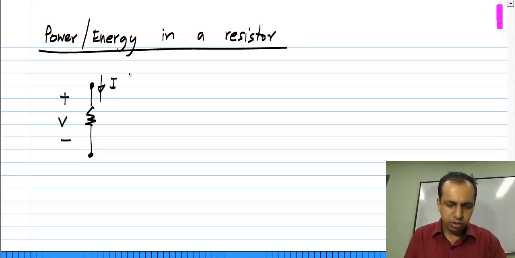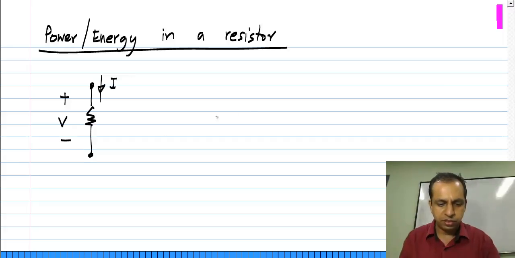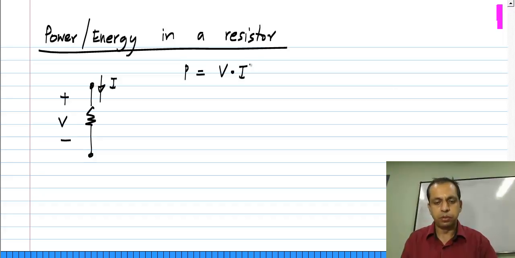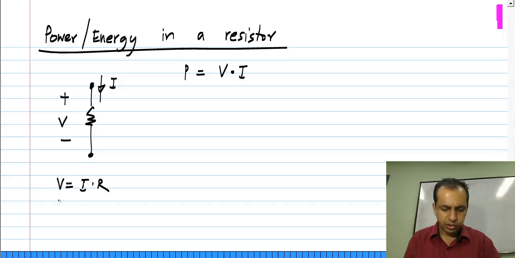As usual, take voltage and current with the passive sign convention, and for any two terminal element, P of course is V times I. Okay, and each of these can be time dependent also. But now, for a resistor, the voltage is current times the resistance.